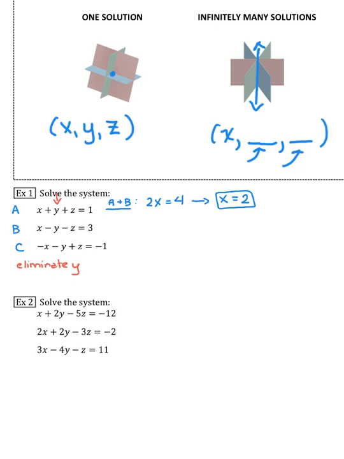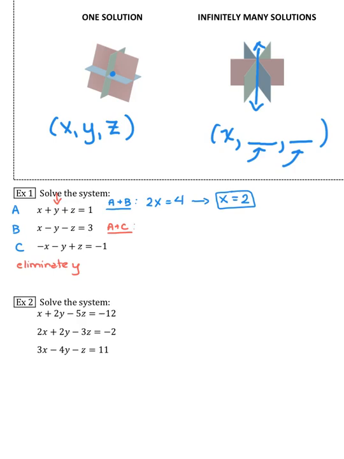Now we want to bring everyone into play, so I am going to now add B and, let me see, I still want to eliminate y, but I know x, so let's add A plus C. And the reason why I'm doing that is, again, I want to eliminate the y.